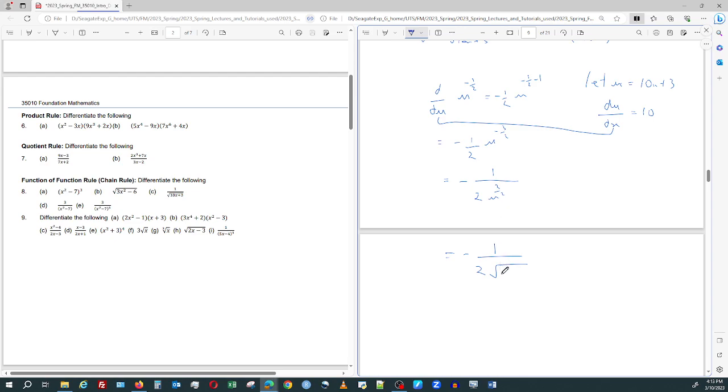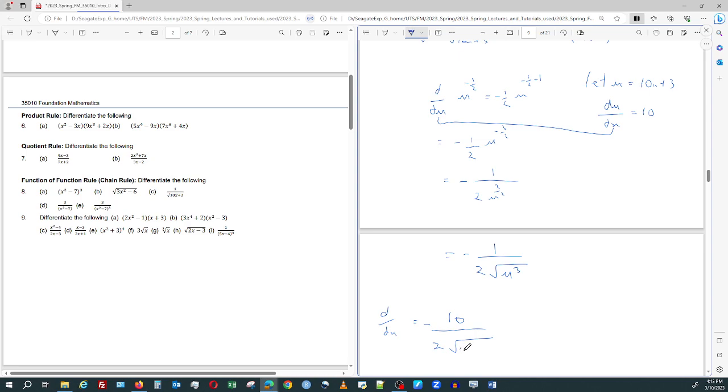Now it's the square root of u cubed. That's the d du part. The d dx part is the 10. The 10 comes over times the 2.